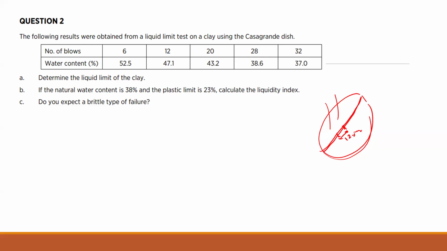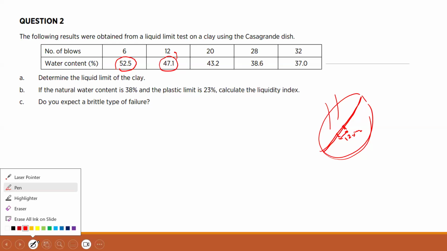So for different moisture contents, when the water content is 52.5, only 6 blows required. When the water content is 4.7, 12 blows required. So likewise, we found how many blows are required for different water contents.